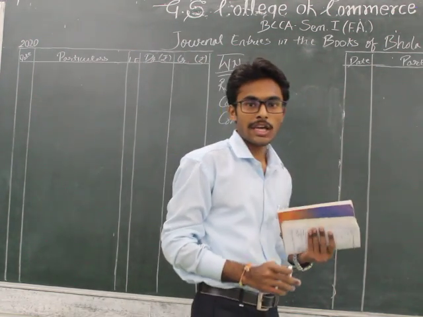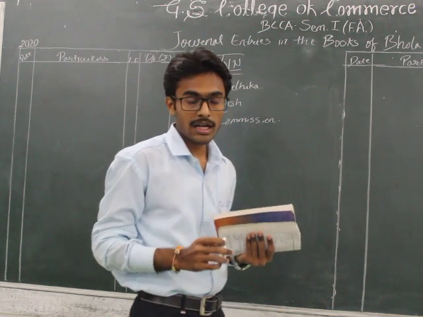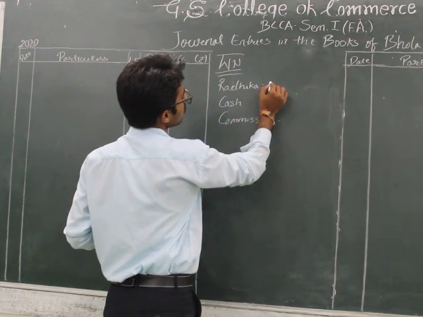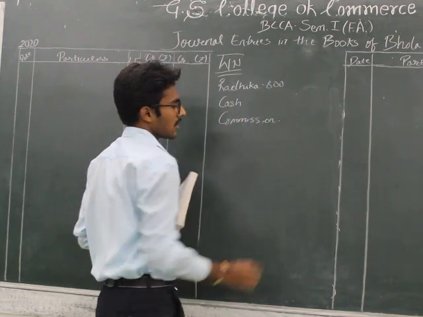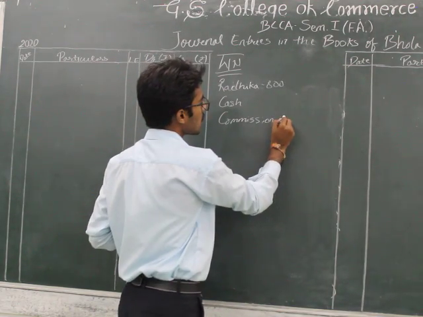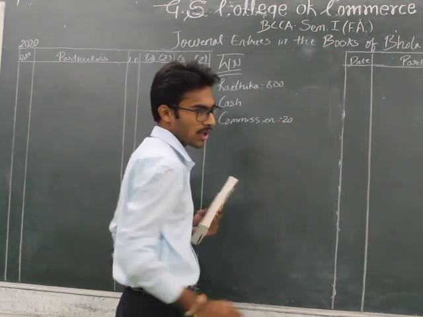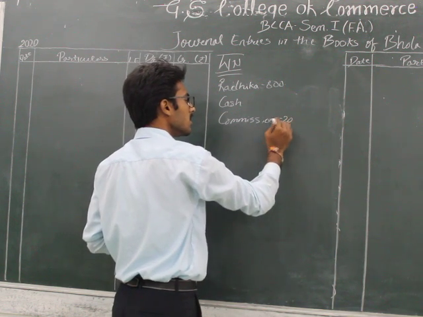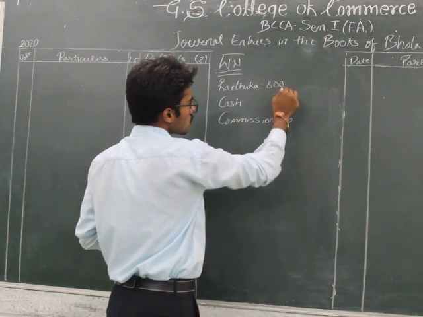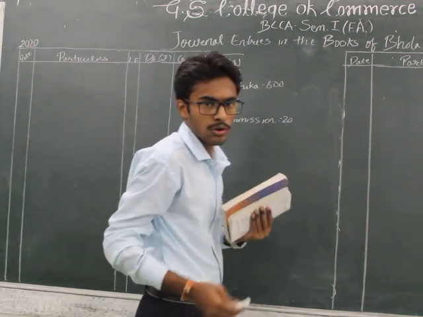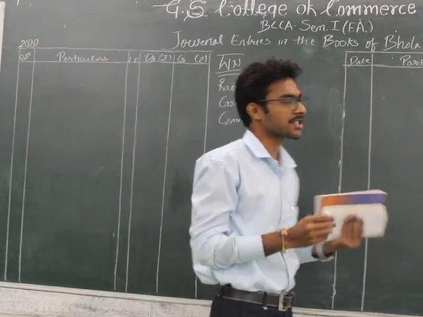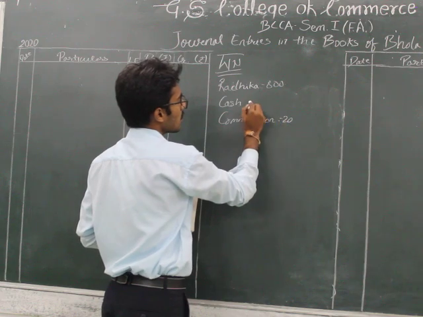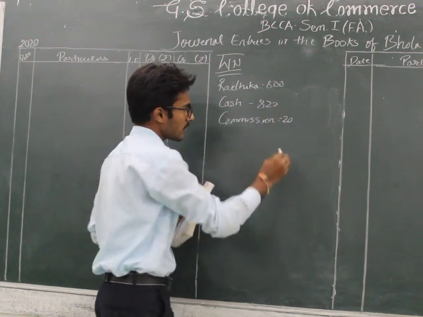So we are giving 800 rupees to Radhika. So we will write here 800, and we are paying commission of rupees 20. So we can write 20. So we are giving 800 and paying commission of rupees 20. So total outflow of cash is 800 plus 20, so 820.